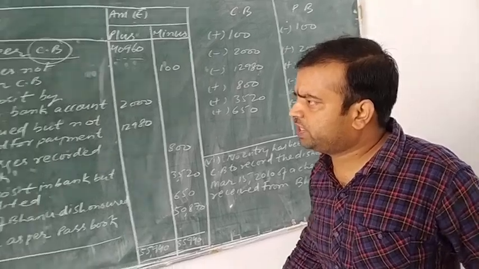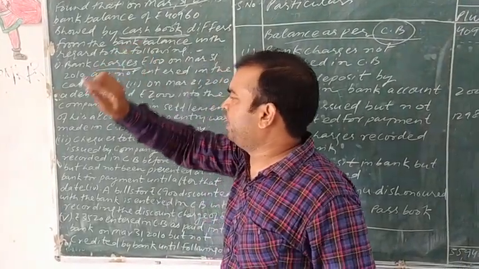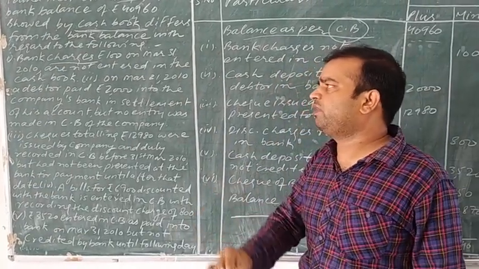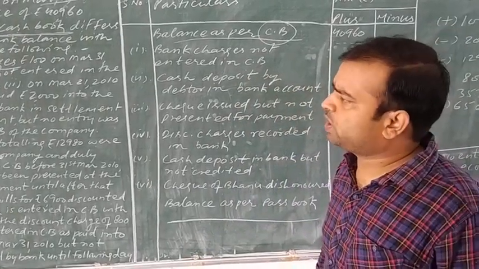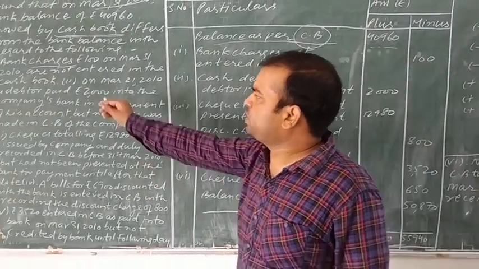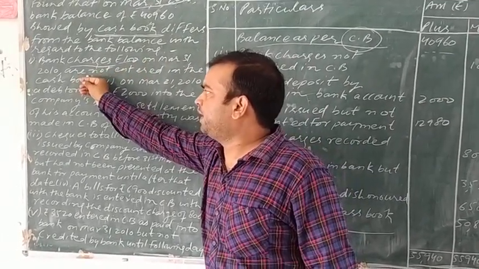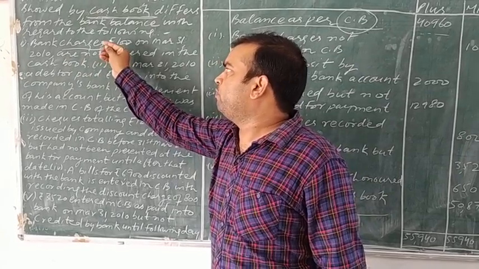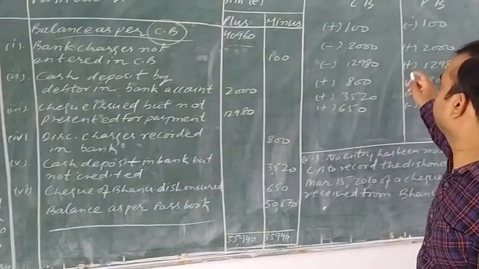The very first transaction is bank charges. Whenever the bank charges any amount from the customer, it will subtract that amount from the customer's passbook. Bank charges rupees 100 on March 31st, 2010. In the passbook, the bank will deduct this amount.